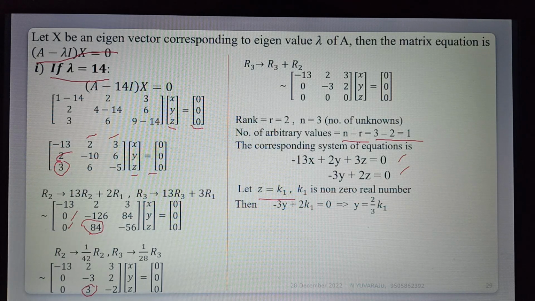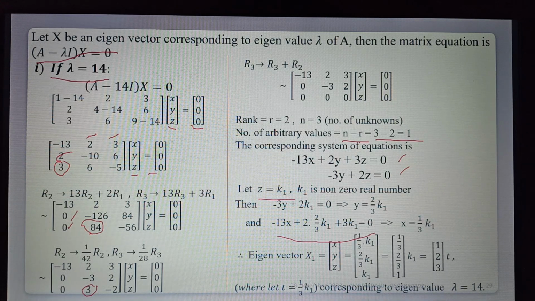Substituting above, minus 3y plus 2k1 is equal to 0, then y is equal to 2 by 3 k1. Next, substituting in the above equation, x is equal to 1 by 3 k1. Therefore the eigenvector x1 is equal to [1 by 3 k1, 2 by 3 k1, k1].